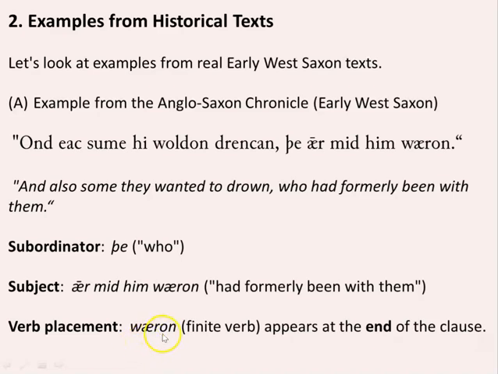The verb placement: waren, the finite verb, appears at the end of the clause. Here's the subordinating conjunction there, and notice the adverb modifying, formerly with them, were.